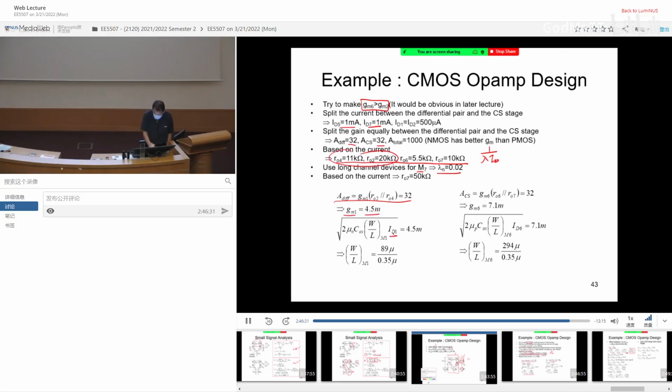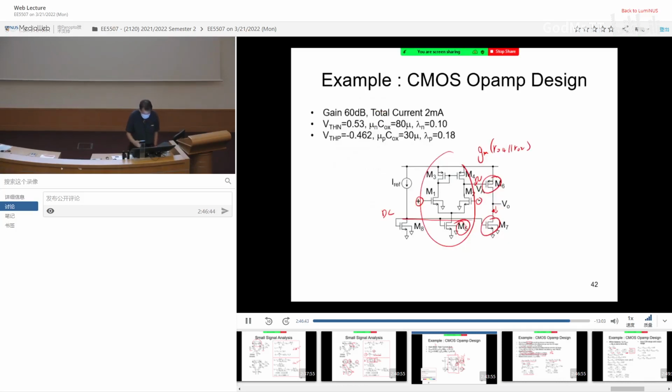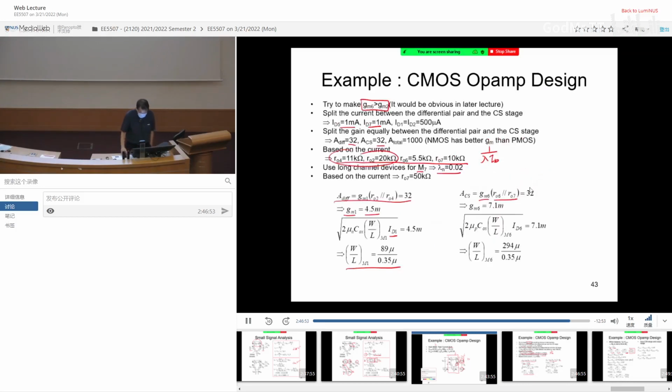Since I know ID1 is 1 milliampere, I can work out my W over L for M1. The common source amplifier, GM6 multiplied by R06 parallel R07, is also quite obvious. So this is GM6. The resistor here is R06. The resistor down is R07 in parallel. So that is straightforward. We also want the gain to be 32.